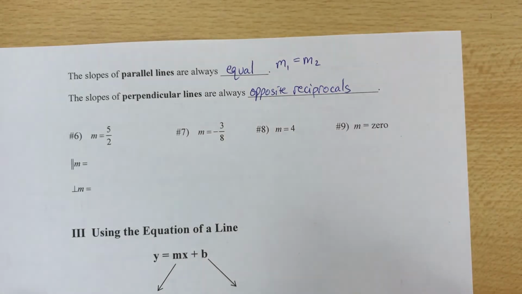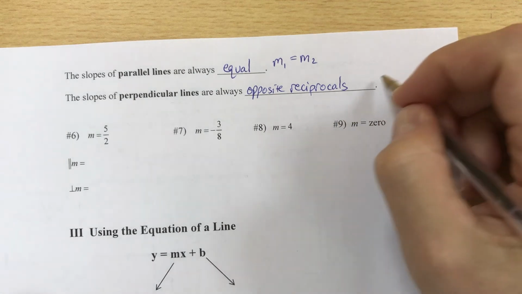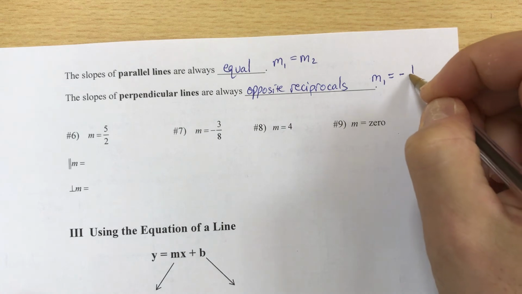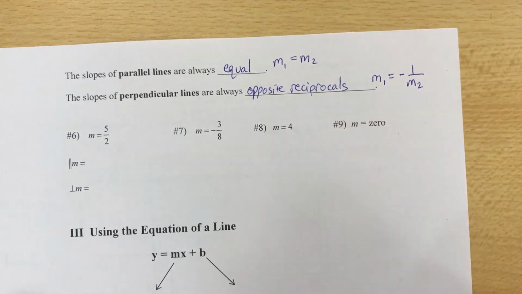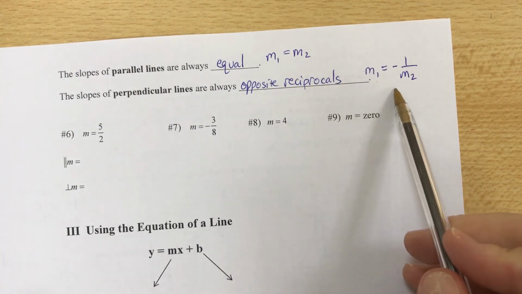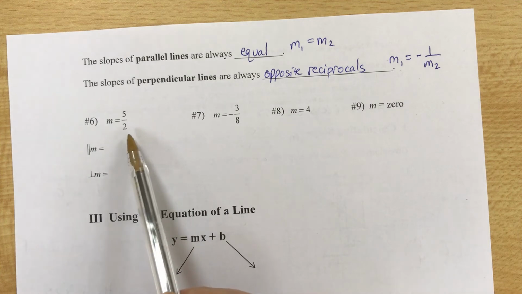Opposite meaning positive and negative, and reciprocal meaning we flip that fraction. So m₁ equals the opposite of 1/m₂. That's how we would set that up. Now that may look a little confusing with the variables, so let's do some examples with actual numbers.